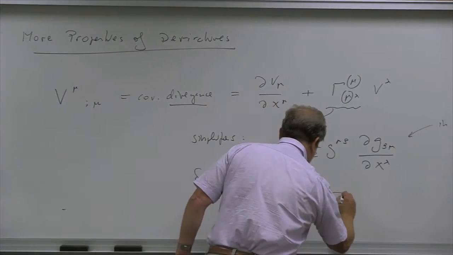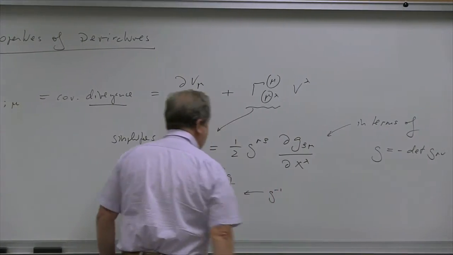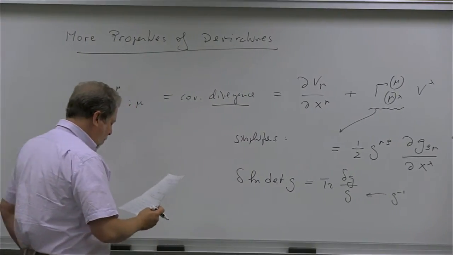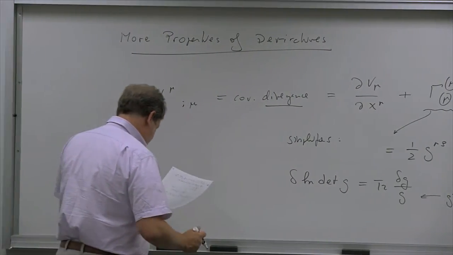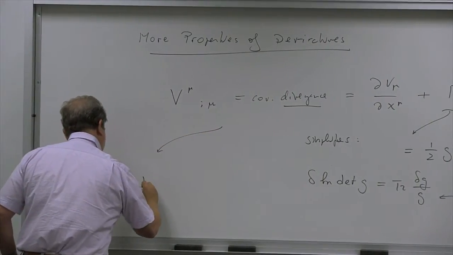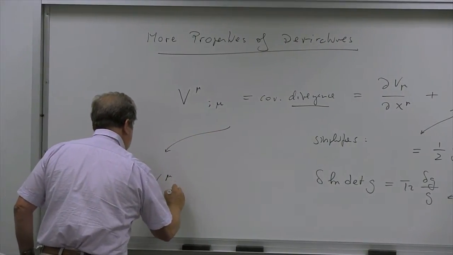This thing here is just g to the -1, the inverse metric. And so you can do a few manipulations and you find out that that results in v mu semicolon mu.